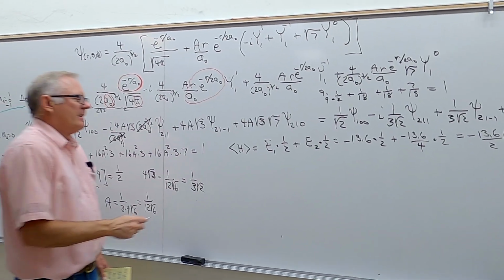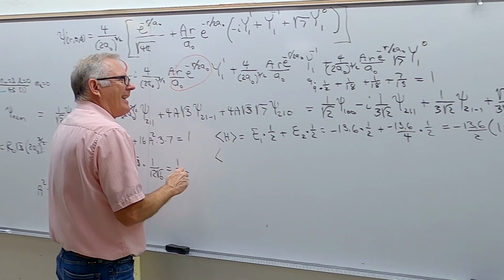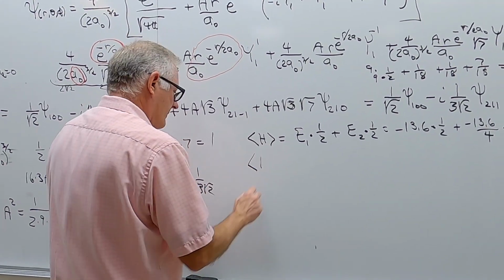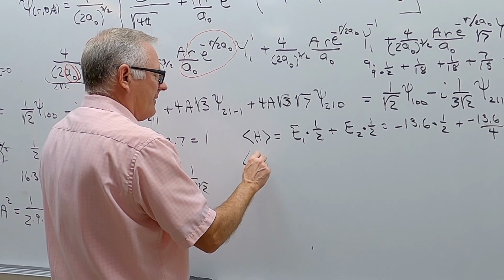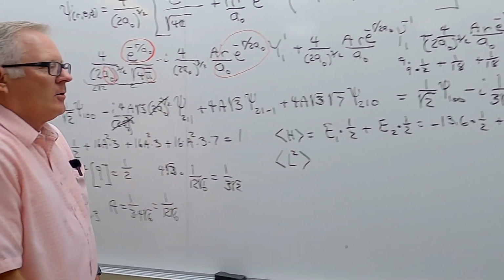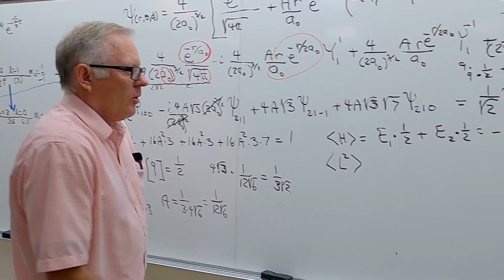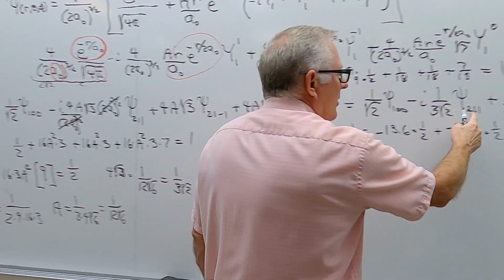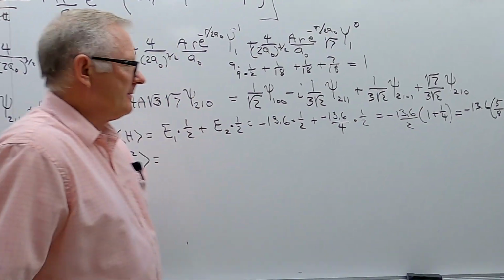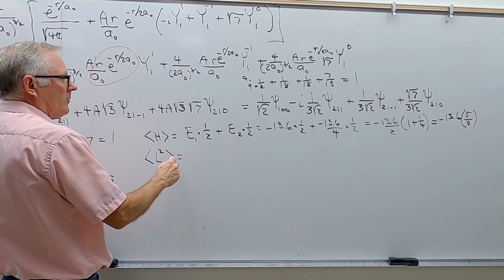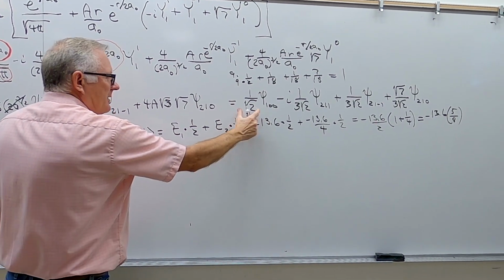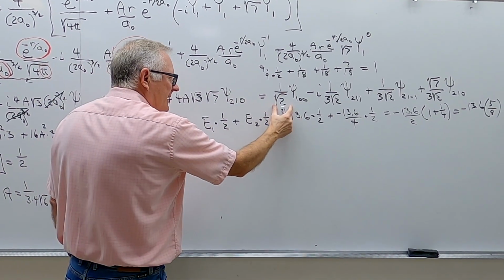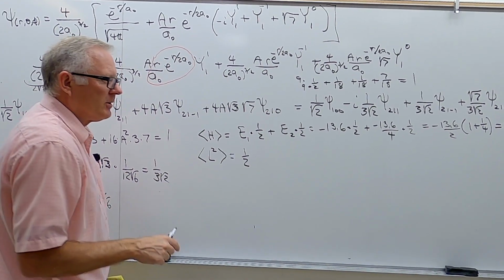What about the average L? Well, I'll just say L, or L squared. Or maybe we'll do L squared. Well, what can L be? L can be 0 or 1. That's it right here. So if it's this one, the probability of that is 1/2. But the L for this, remember, L squared is L times L plus 1.